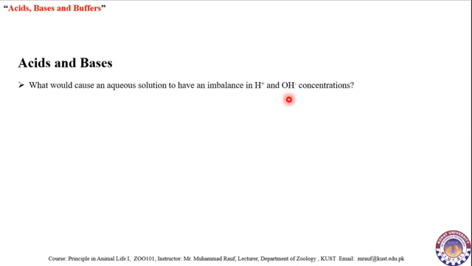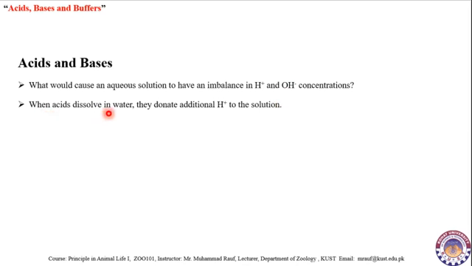So what conditions can cause an imbalance in the concentration of these two ions in pure water? Obviously it will not be pure when an acid or a base is added, because these two chemicals will induce their own effects.